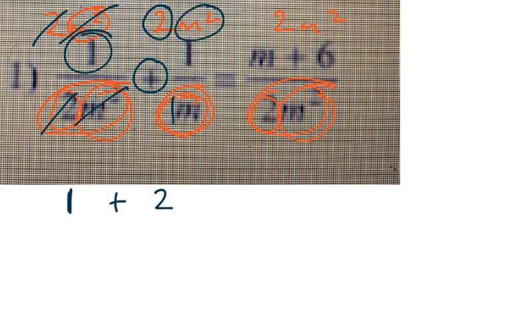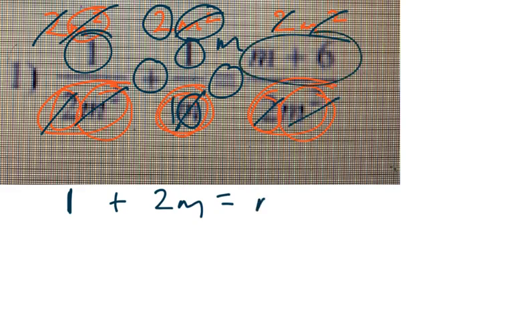The m squared divided by m is going to be just simply 1m, times 1, of course, is still m, equals, sorry if it's a little blurry, on the right side, notice the 2 and the m squareds cancel out. So all I'm left with is m plus 6.